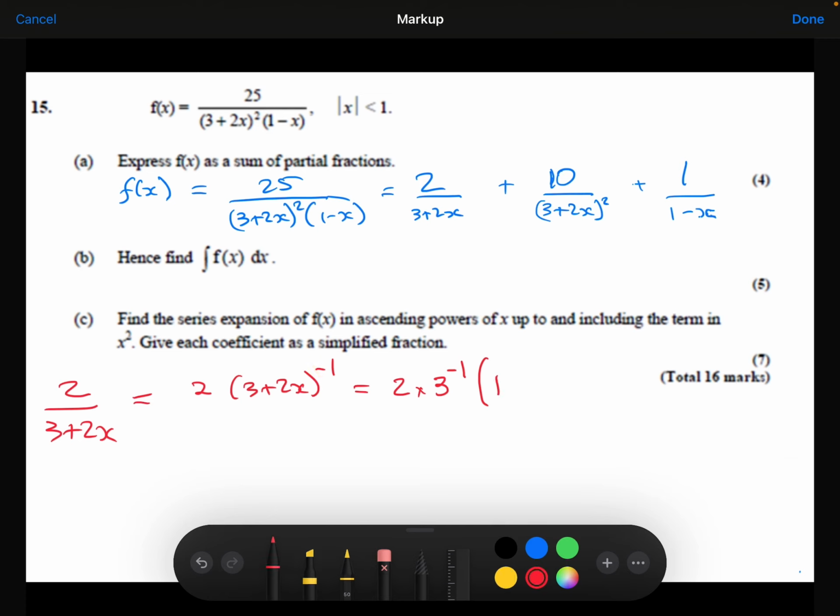The 3 will be a 1 now, and the 2/3 divided by the 2x divided by 3 is 2/3 x. The 3 to the power minus 1 is the same thing as 1 over 3, which when you multiply it by the 2 will be 2/3.